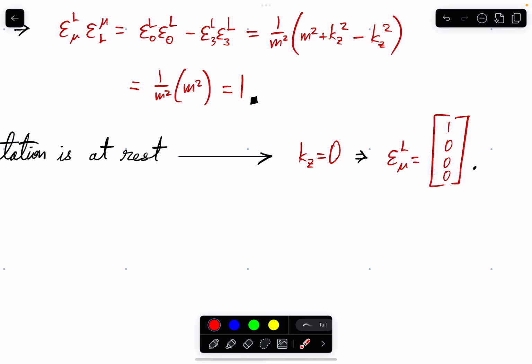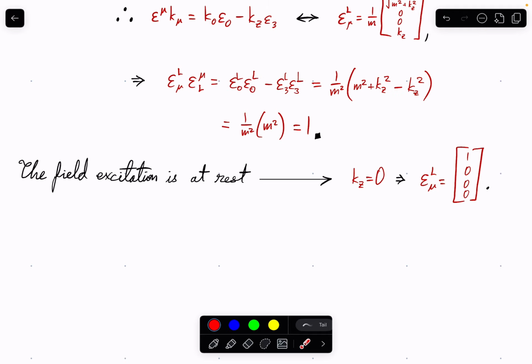And we've seen this in geometric algebra and other things. If something's at rest, then all of its spatial components are 0. All of the spatial components are 0, and then the time-like component is non-zero.